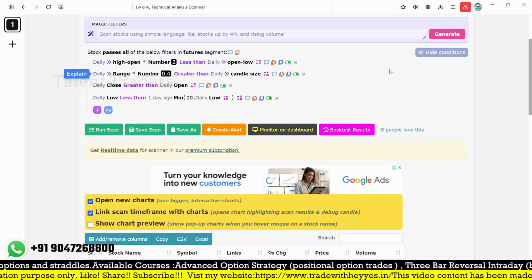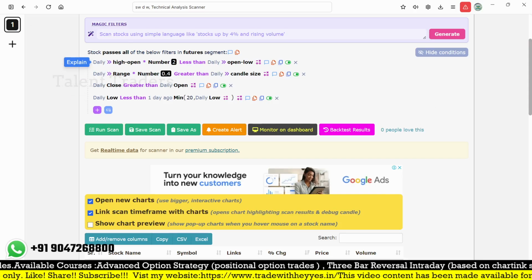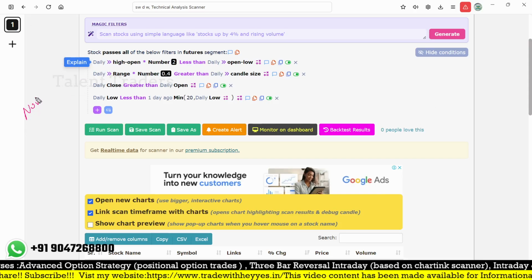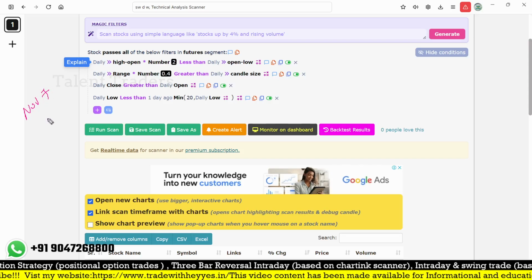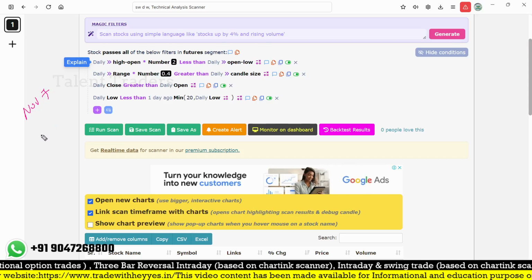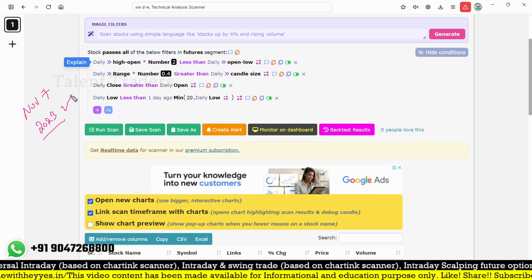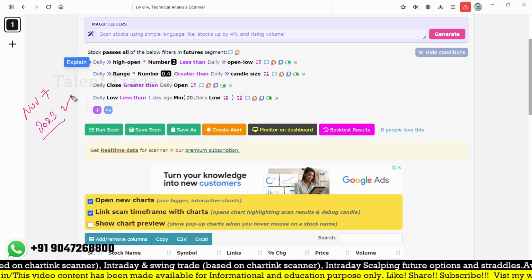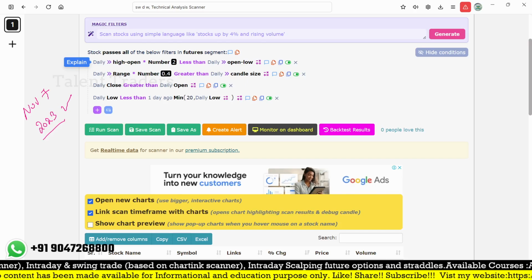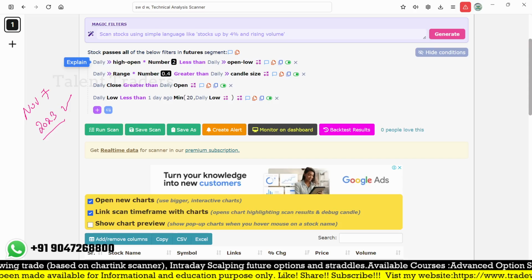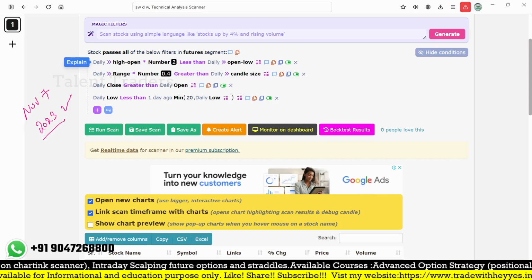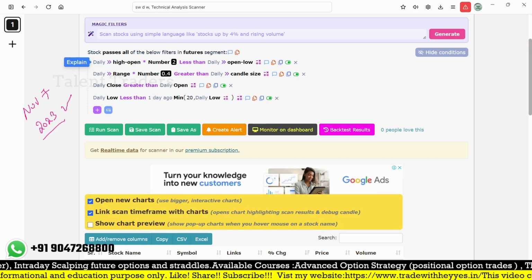The scanner you have mentioned was posted in our premium Telegram group on November 7, 2023. So on that particular day, this is the scanner which is available. You can take it and you will find opportunities by using the scanner.